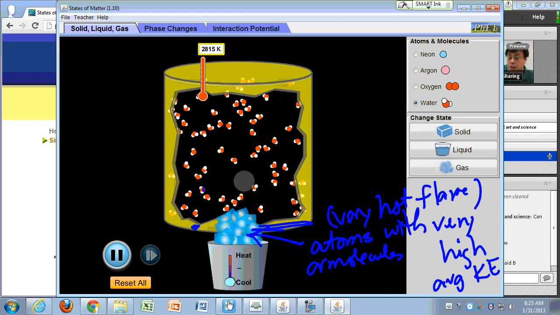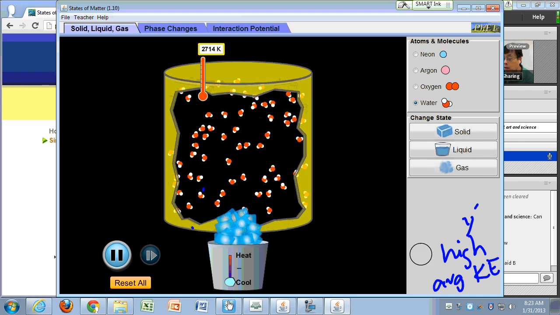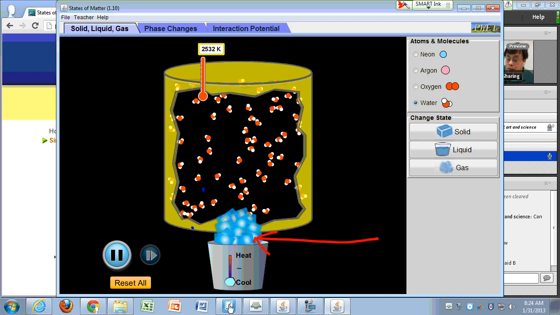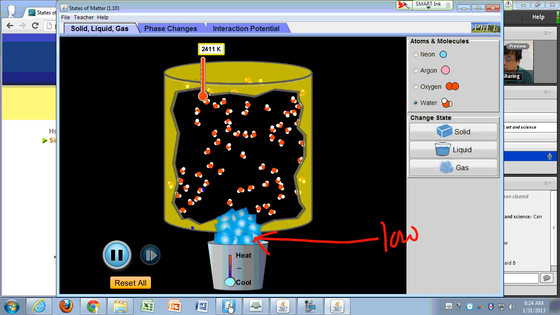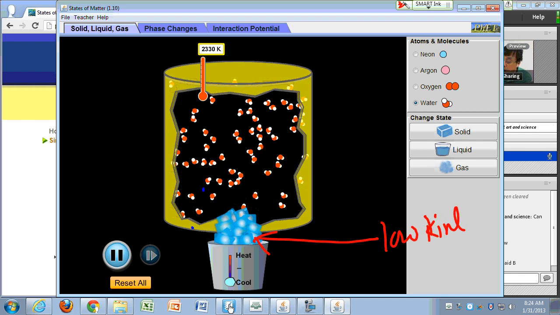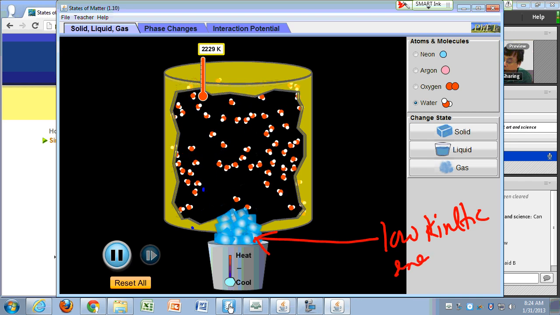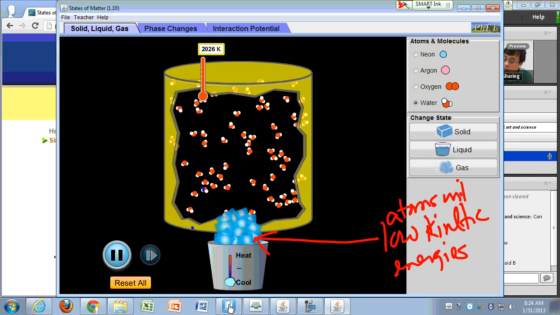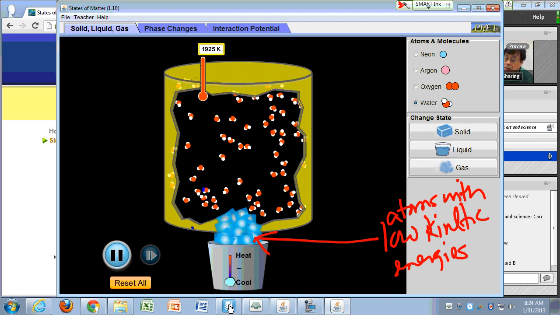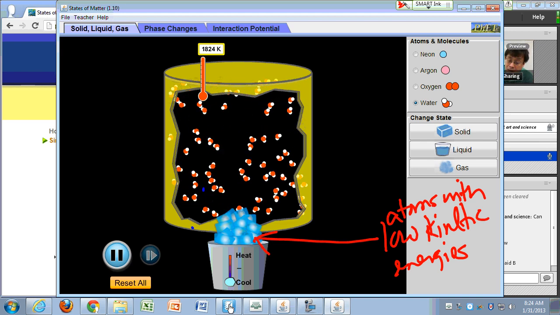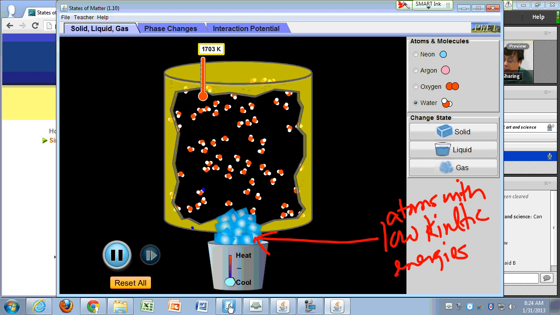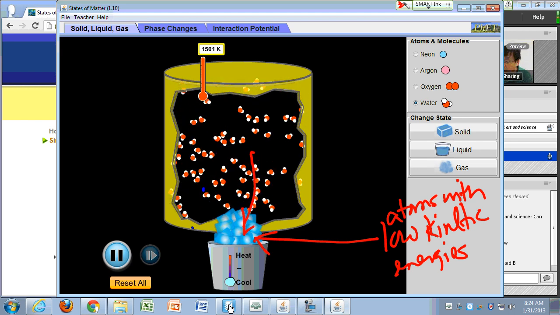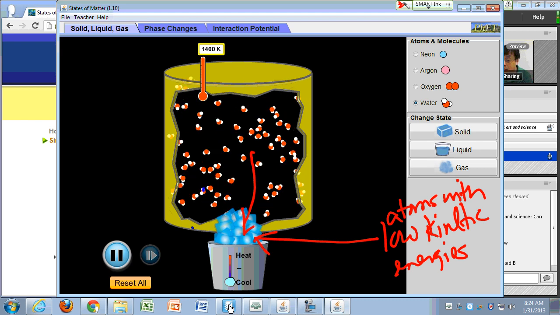So I'm cooling my water. So now what I have here on my outside is low kinetic energies. You have atoms with low kinetic energies. And as they keep colliding with the atoms in the wall and the atoms inside, eventually the kinetic energy from the atoms and molecules inside gets transferred out, so the atoms inside lose kinetic energy.